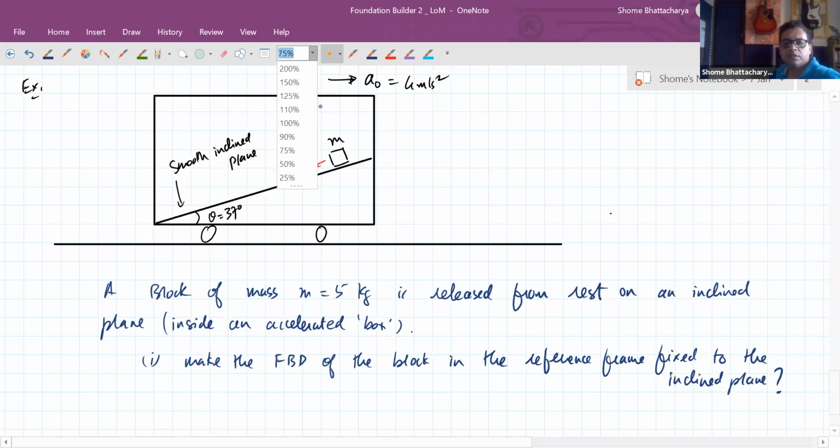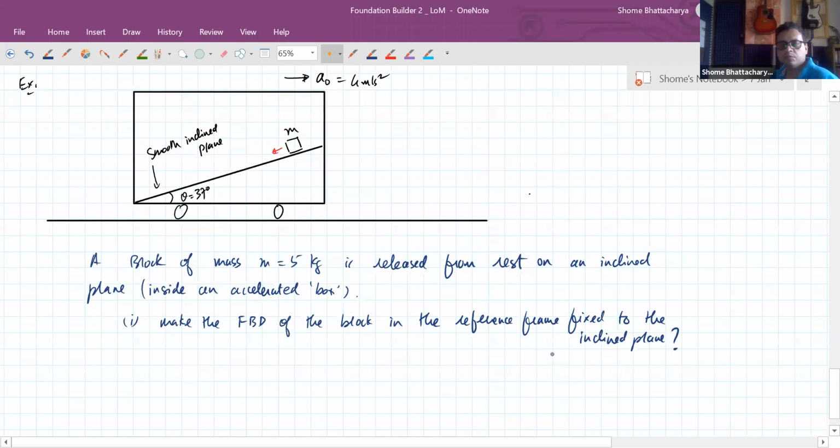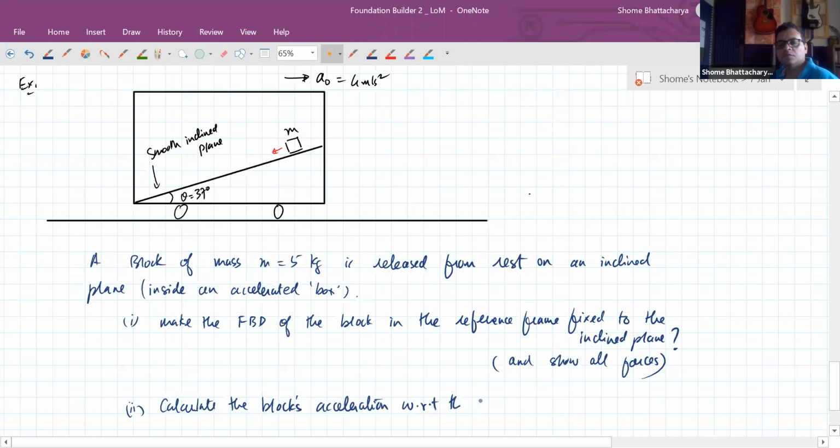And show all the forces. Obviously when we say make the free body diagram, we mean that we have to show all the forces. Then we want to calculate the block's acceleration with respect to the inclined plane.